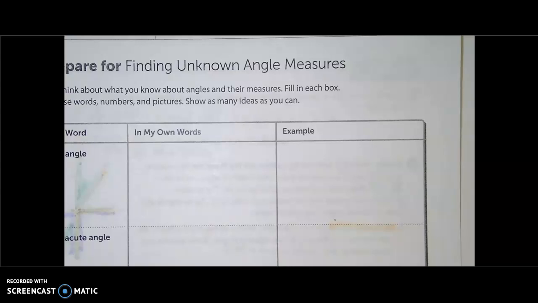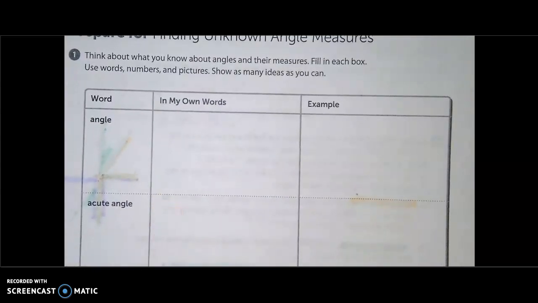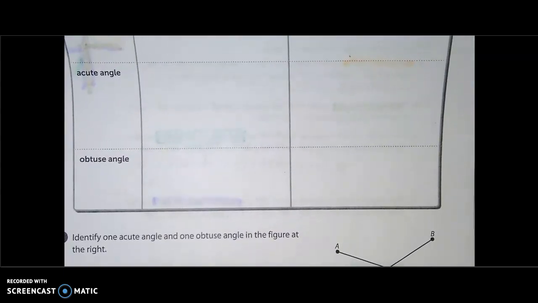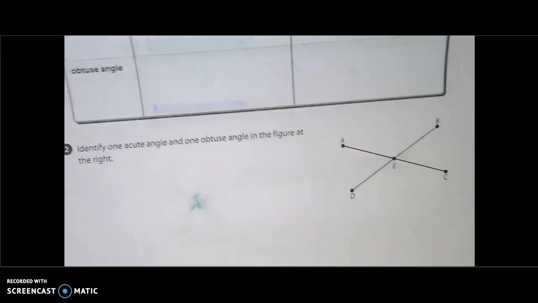All right. From there, you were asked to go ahead and fill these out. So you should have been filling out the fact that an angle is two rays connected at a vertex, or something in your own words. An acute angle is less than 90 degrees, and an obtuse angle is greater than 90 degrees. Identify one acute angle and one obtuse.